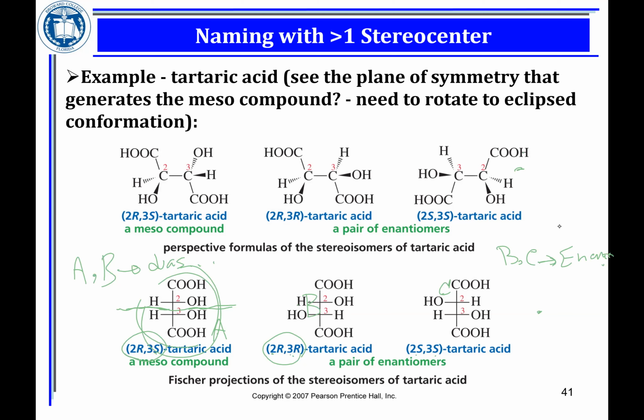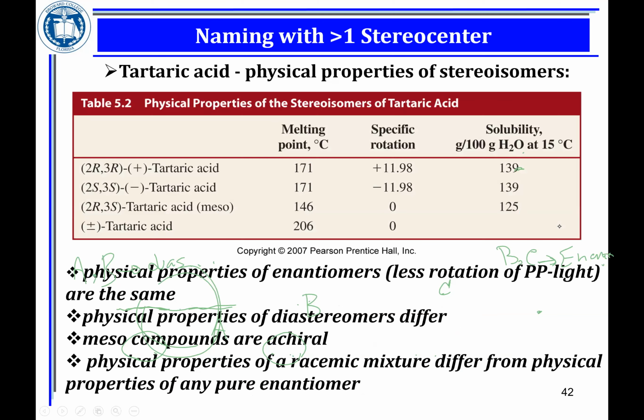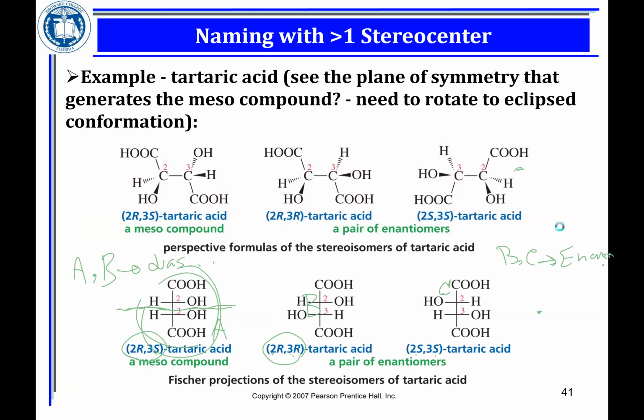How come the one above that is meso? This is the same compound, actually. We're just bringing it down and drawing the 3D structure as the Fischer projection. It's the same compound. But the direction of the HO, just because they're opposite, makes them symmetrical?